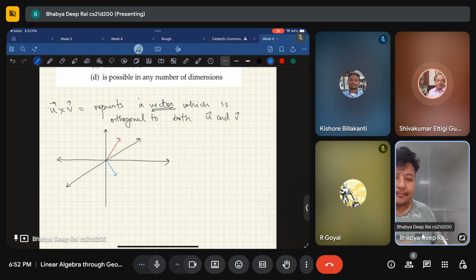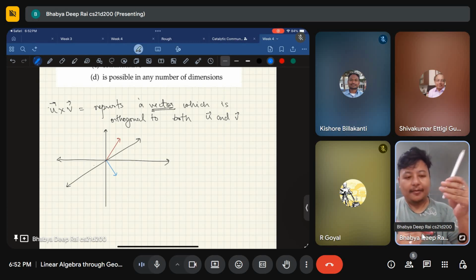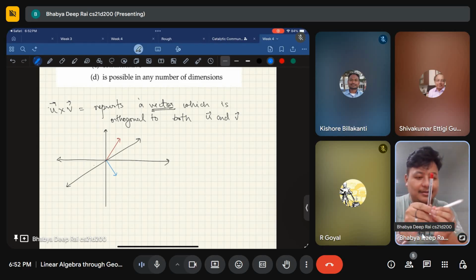You get it? So how do you do that? If you want to visualize it, this is a vector, and this vector is somewhat like this. I want another vector which is perpendicular to both.